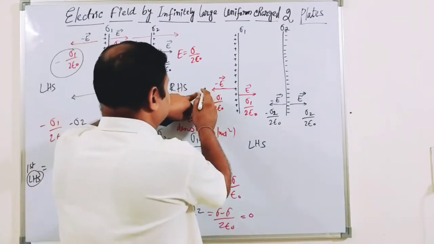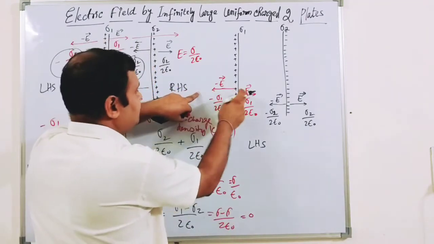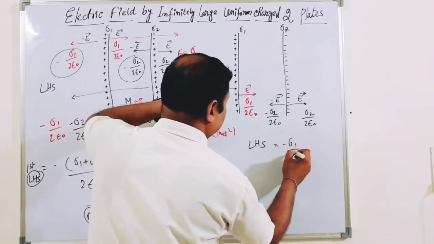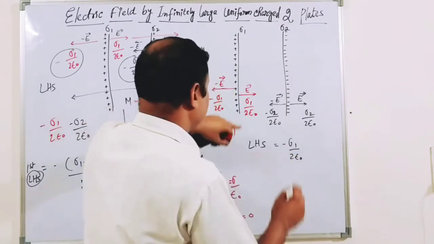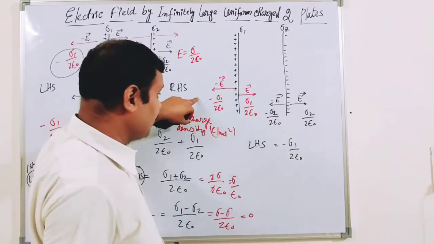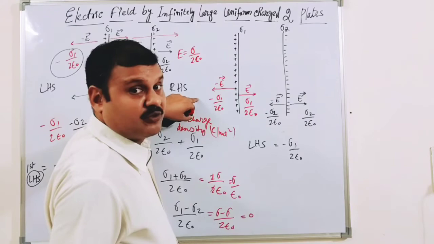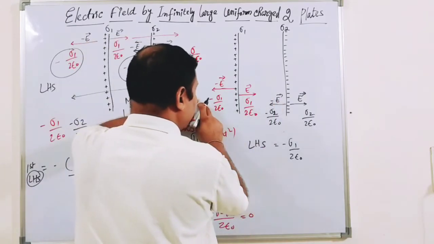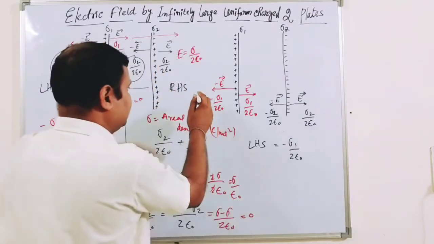So if a positive charge is placed over here, this will be the repulsive one, so this is negative 1, and negative is the minus sigma 1 by 2 epsilon naught, and for this we are putting positive charge, so it will be attracted like this. So force will be in place of this one.